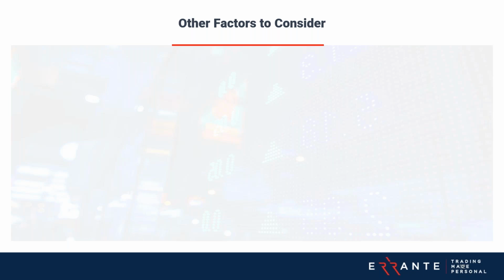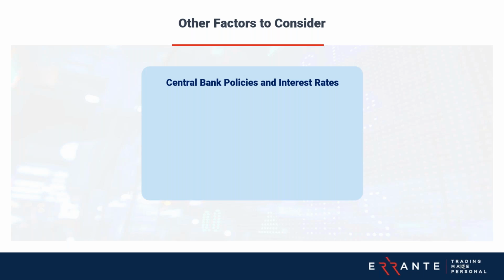Here are some critical elements to keep in mind. First, central bank policies and interest rates. Central bank interest rate decisions and policy outlooks can significantly affect currency movements, sometimes more than commodity correlations.